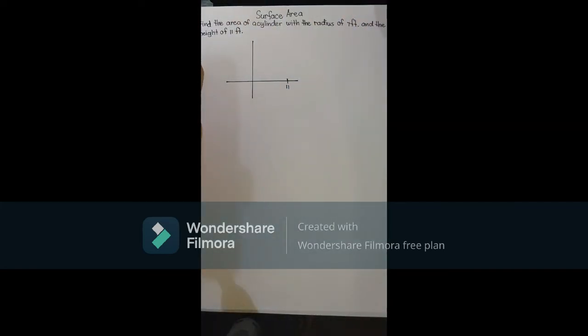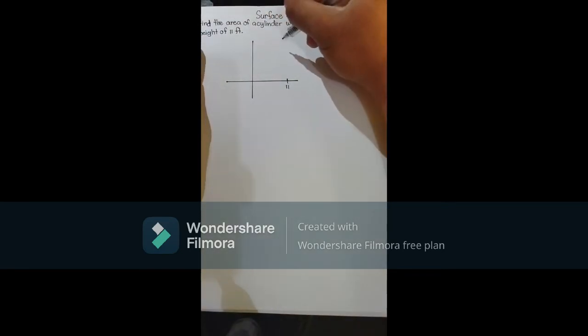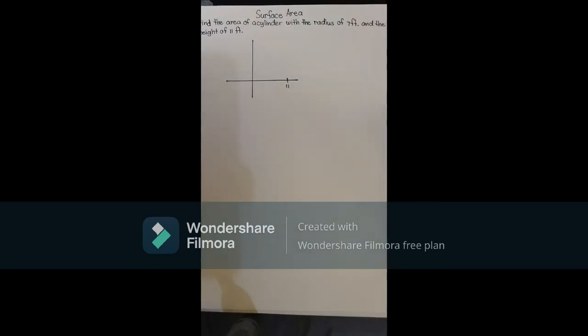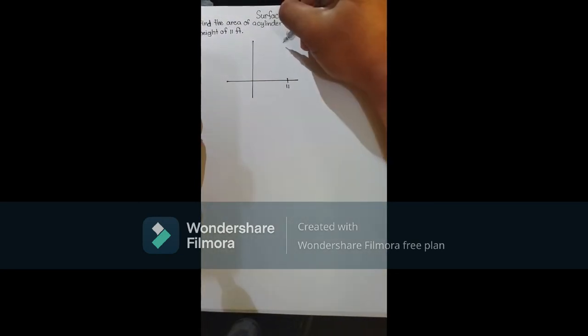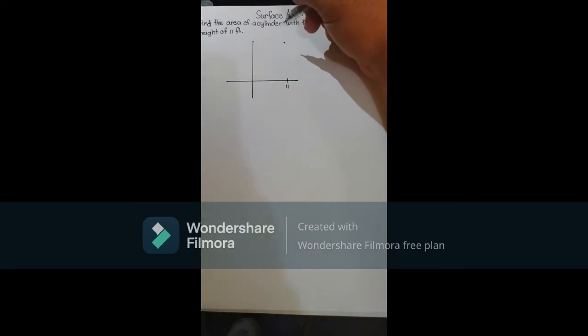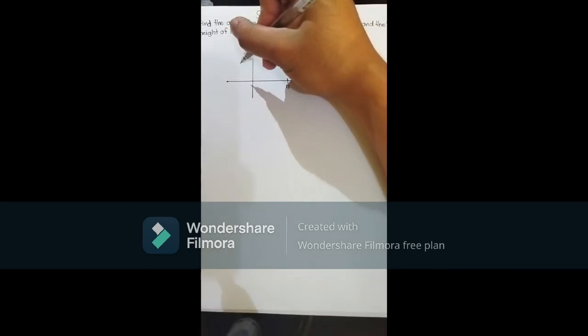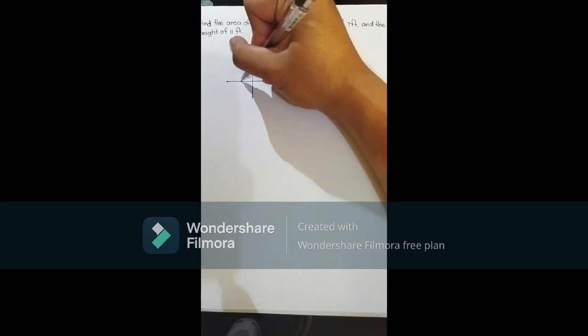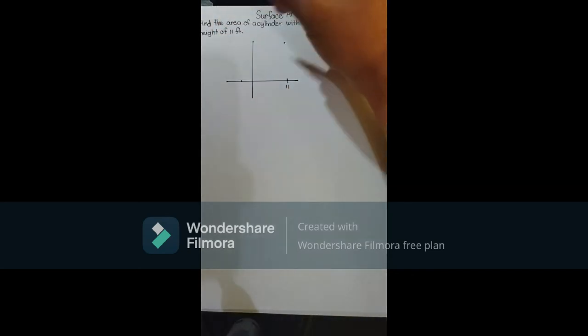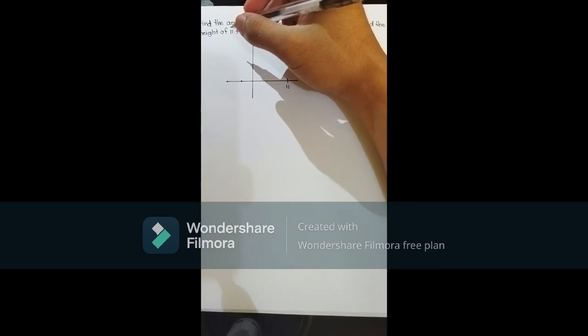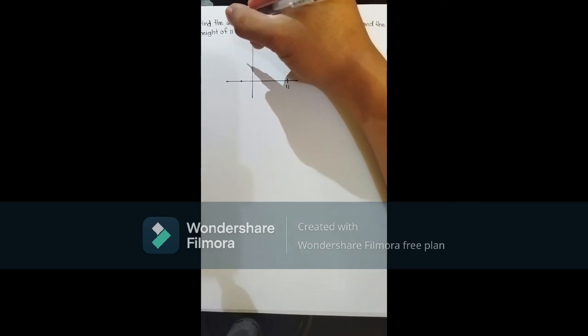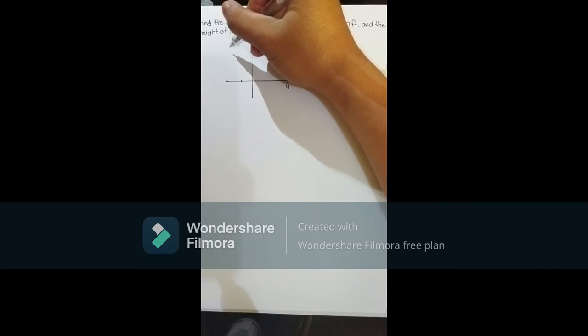The height is equal to 11 feet, and approximately here, the radius is equal to 7 feet. If we multiply it by 2, it equals 14 feet, and here it is.